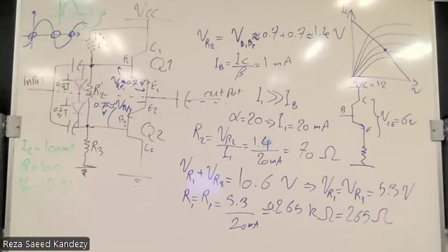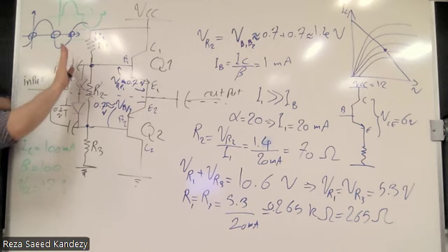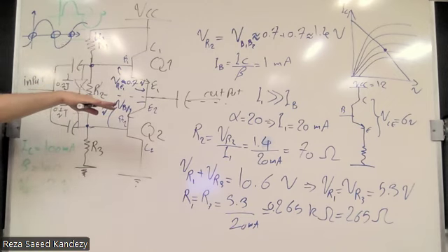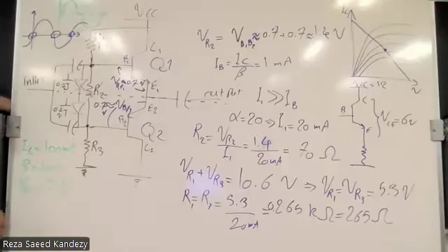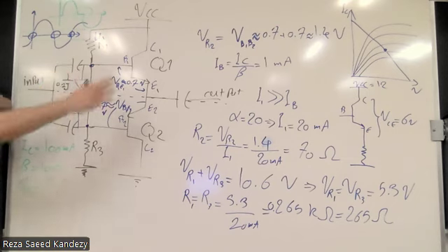Run a KVL, run a Thevenin theorem from this terminal, and you are going to have a resistor and a voltage source for the whole amplifier. Now you have an RC circuit. For the DC source, for the Thevenin voltage, this is an open circuit, so you can ignore that.